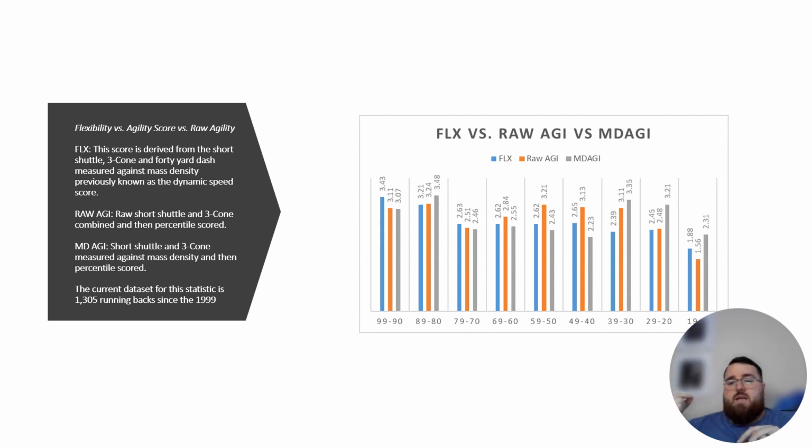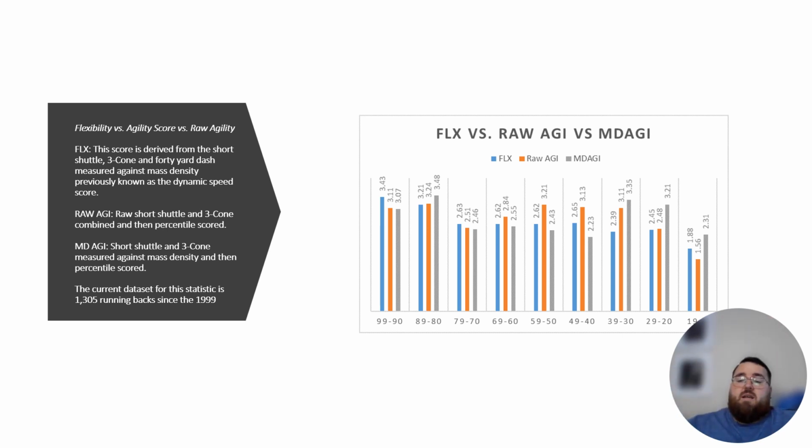And then when you look at the mass density agility score, this takes out the 40-yard dash. This just looks at the agility of a prospect for his size, if you will. And when you look at the numbers here, you can clearly see that the flexibility score is a little bit more stable from the top to the bottom.